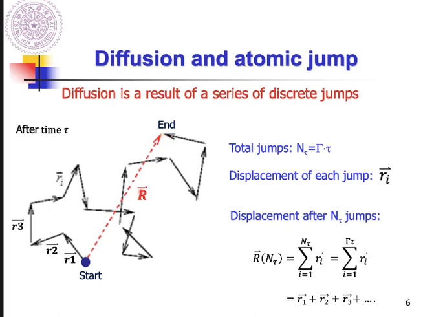Capital R represents the total displacement after n tau jumps, or after time tau.